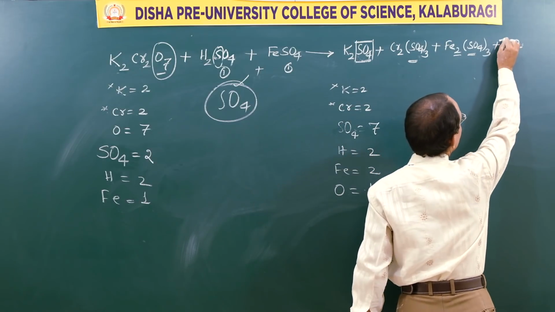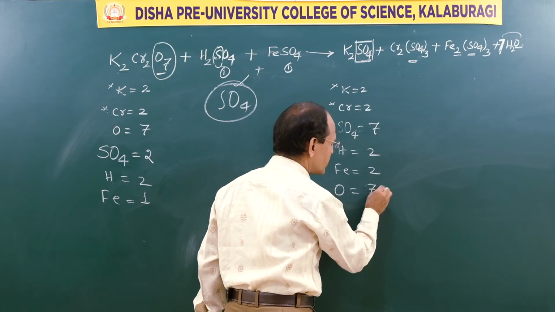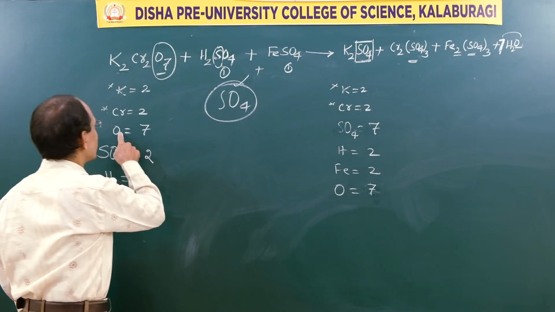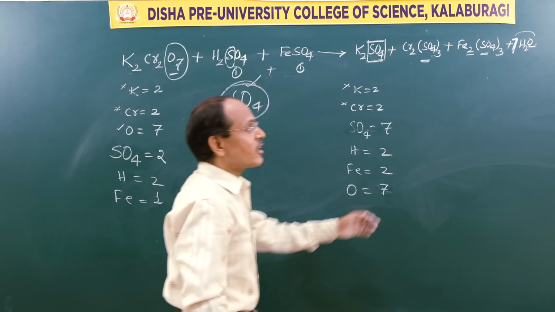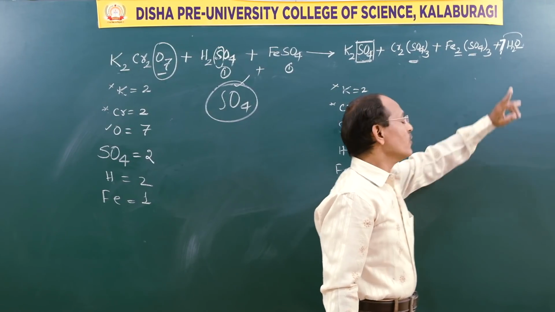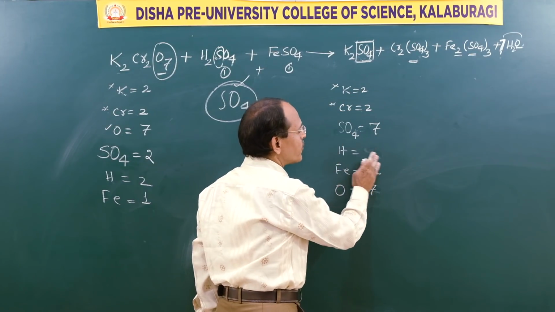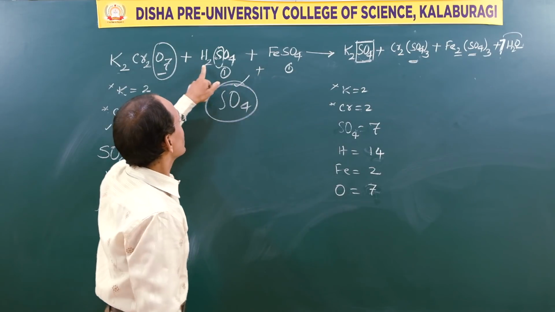If I put 7, then oxygen should be 7. Now oxygen is also balanced, but it disturbs hydrogen. So here hydrogens are 14. So I'll put 14 hydrogens. So minimum I should go with 7.